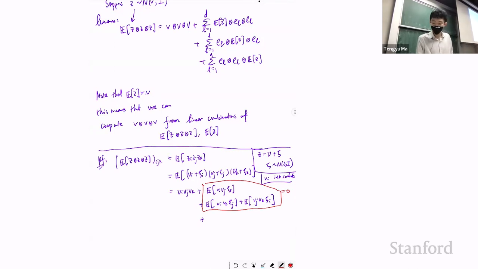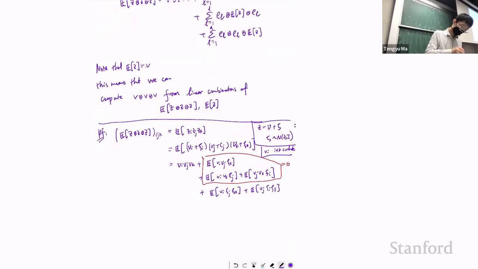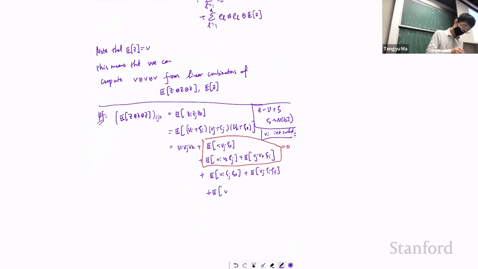Then we have 3 terms like the expectation of v_i ξ_j ξ_k plus the expectation of v_j ξ_i ξ_k plus the expectation of v_k ξ_i ξ_j. These terms are a little bit different, let me deal with them in a moment. And the last type of term is the product of the 3 ξ's.